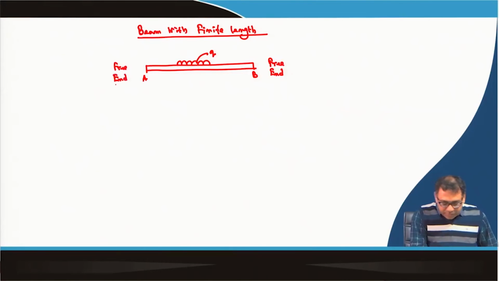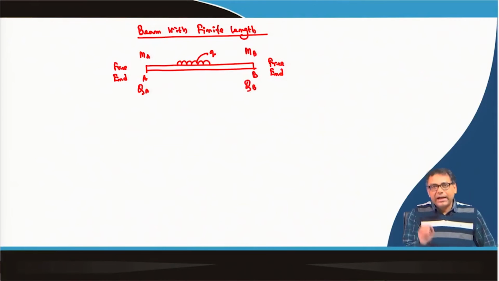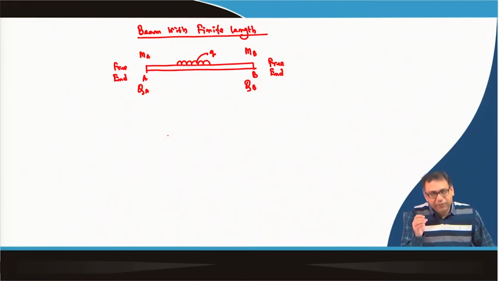Because of this UDL, a moment and a shear force will develop. Here also moment and shear force will develop, and the boundary conditions are that both the boundaries are free ends.